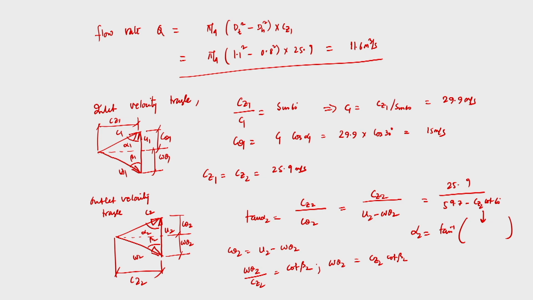Anyway, this is the absolute flow angle at the outlet, but what would be C theta 2? Knowing the value of alpha 2, we can calculate C theta 2.